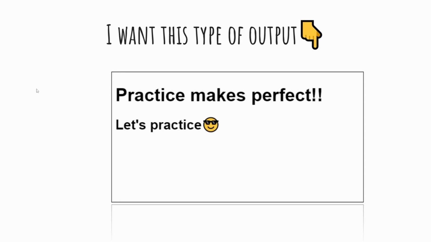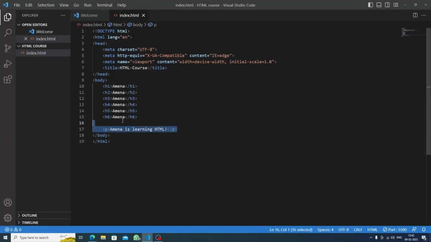Now what if I want this type of output? Like this is the H1 tag and this is the H2 tag. So let's do it. Okay, so we'll comment this all. We'll just press Control and slash and these all will be commented, so we cannot see this in the web page. Okay, so now let's do the challenge. If I want this, practice makes perfect, I will write here, practice makes perfect.